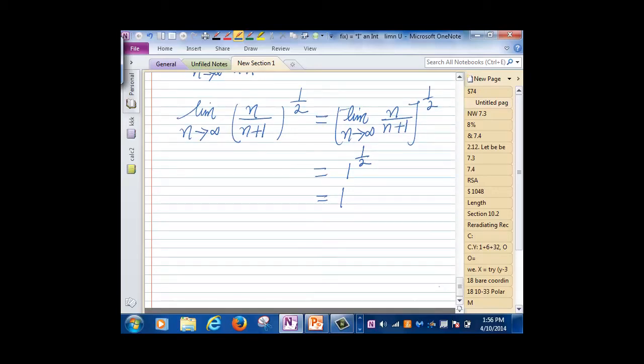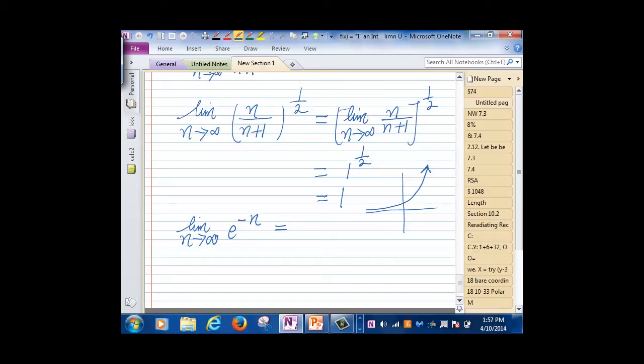And moreover, let's say the limit as n goes to infinity of e to the negative n. What is that limit? Remember that the e to the x function looks like this, right?